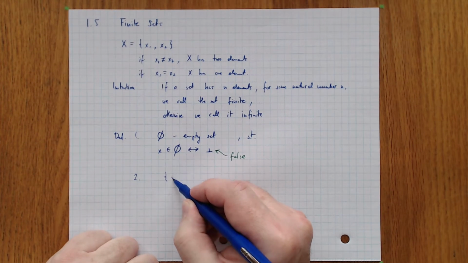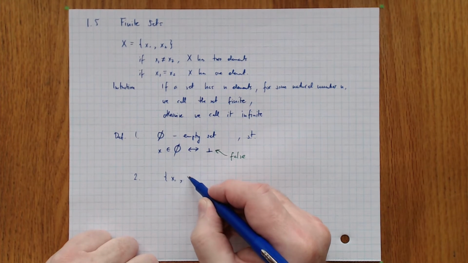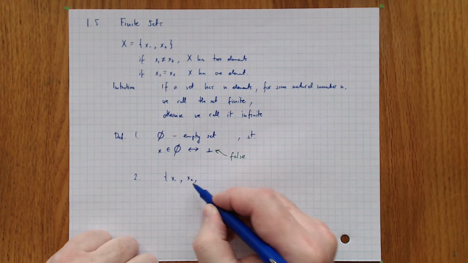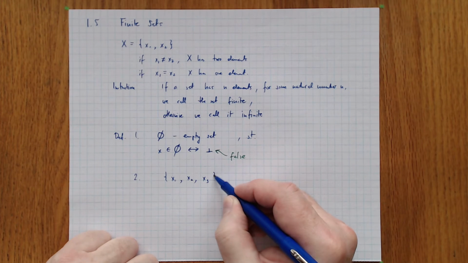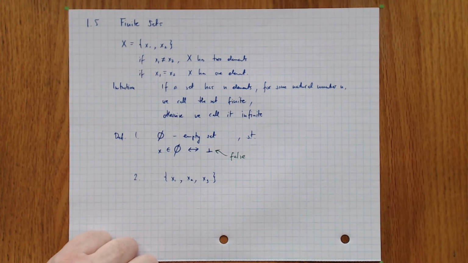Now we'll use the notation like this to denote a set containing x1, x2, and x3. x1, x2, and x3 are separated by commas, and all of them are surrounded by curly braces.